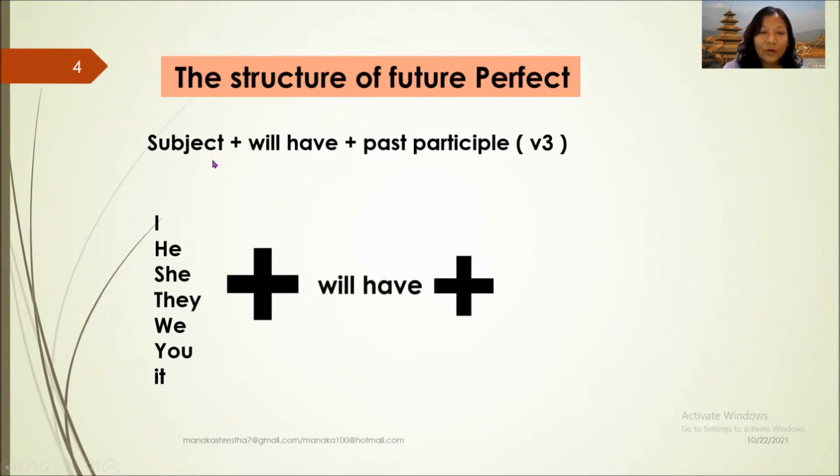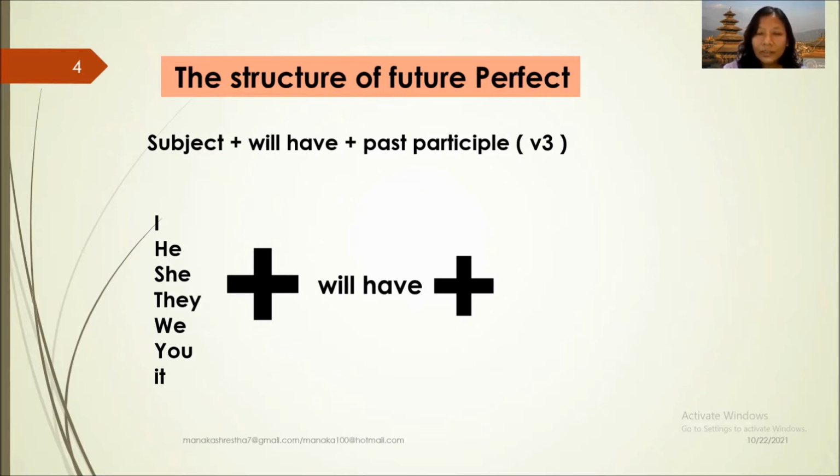Will have is used for all subjects, the same, no change here. And then we use the past participle. Past participle means here go, went, gone. Gone is the past participle of the verb go.